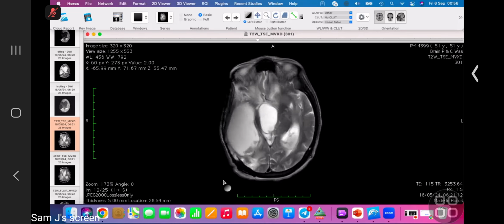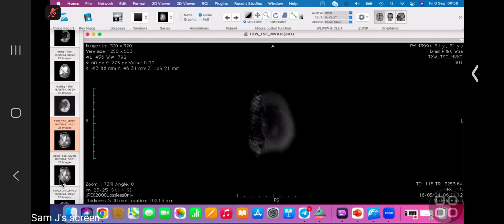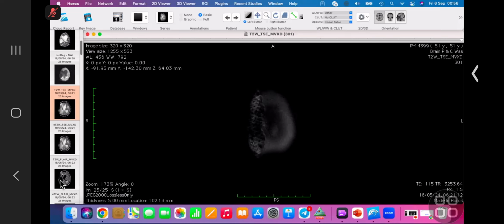Okay, the VP shunt is entering from the left side. Want to see any other images? Let me show you a FLAIR.